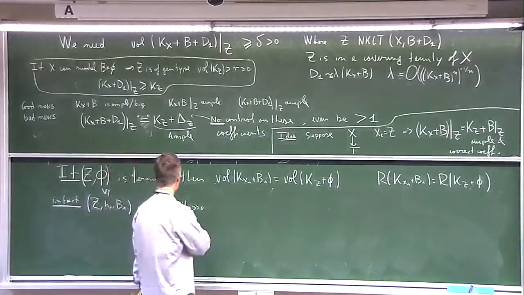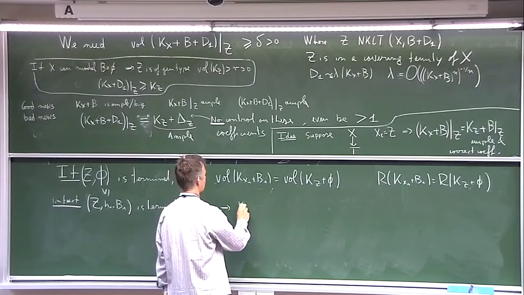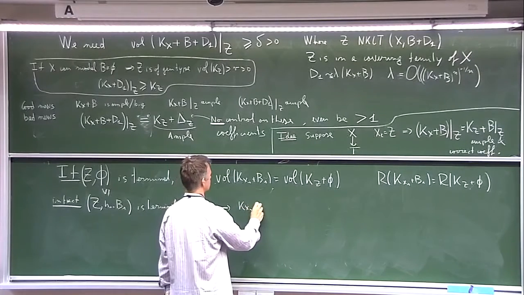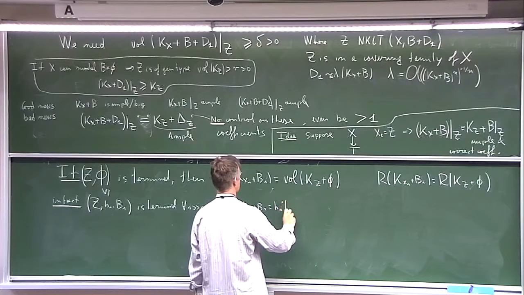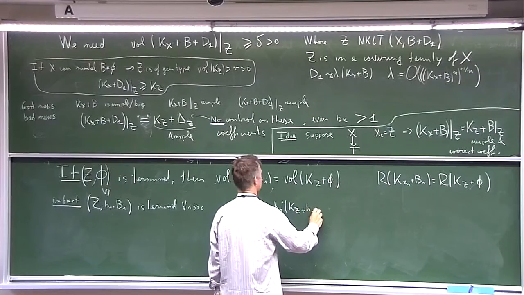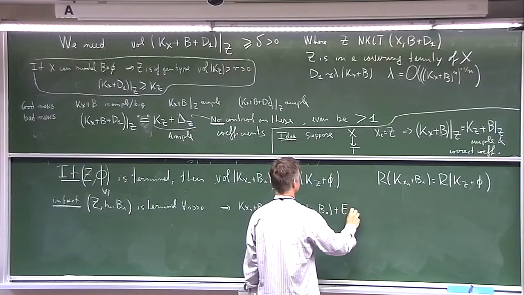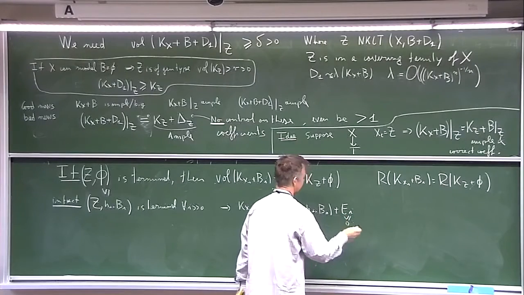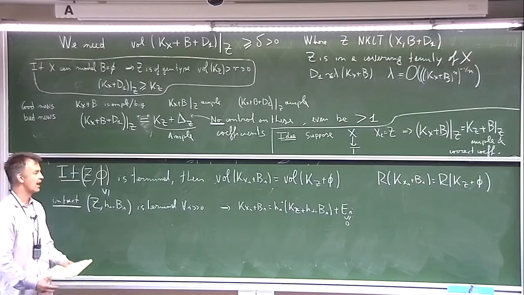Now, what does it being terminal mean? That tells me that K_{X_i} plus B_i will be of the form h_i upper star of K_Z plus h_i lower star of B_i plus some exceptional divisor E_i, which is effective and exceptional. Why is that?